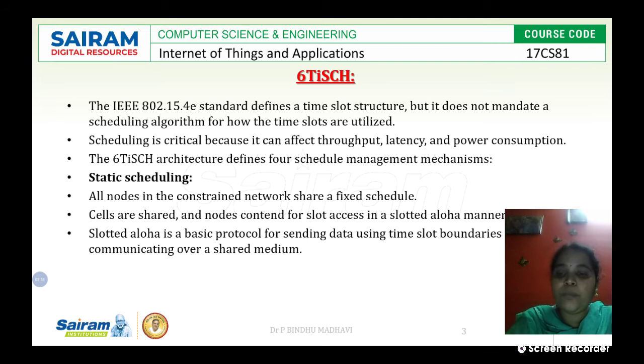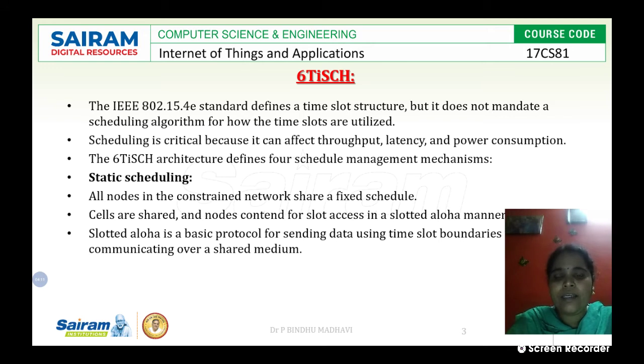Yes, I hope it is clear. So it's a standard that we are using for connectivity and communication within the network. This standard defines a proper time slot structure with proper bandwidth for when the nodes have to communicate. There will not be any additional security algorithm required, and the time slots will be utilized as usual as per the allocation.